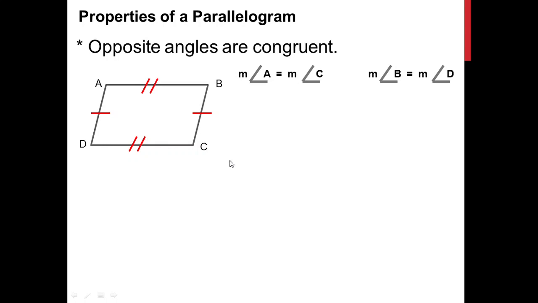For example, if my angle A is equal to 100 degrees, angle C should also be equal to 100 degrees, right?